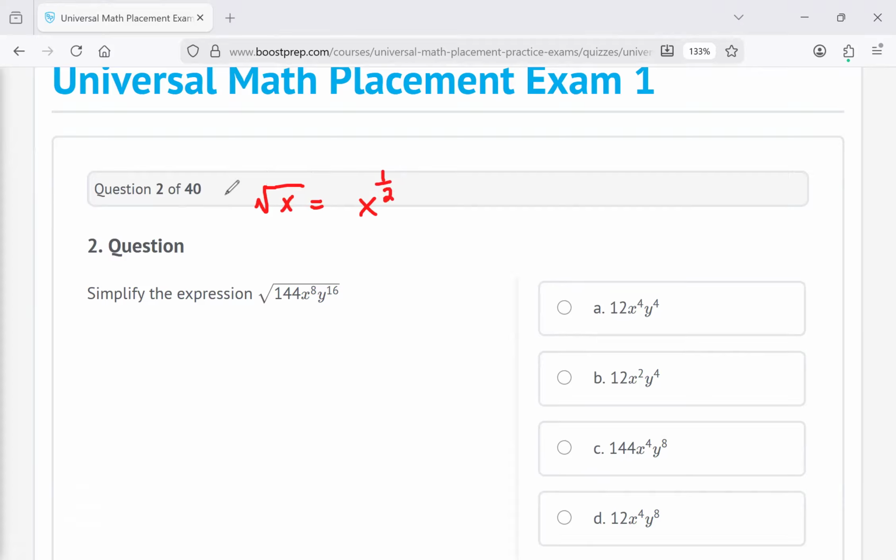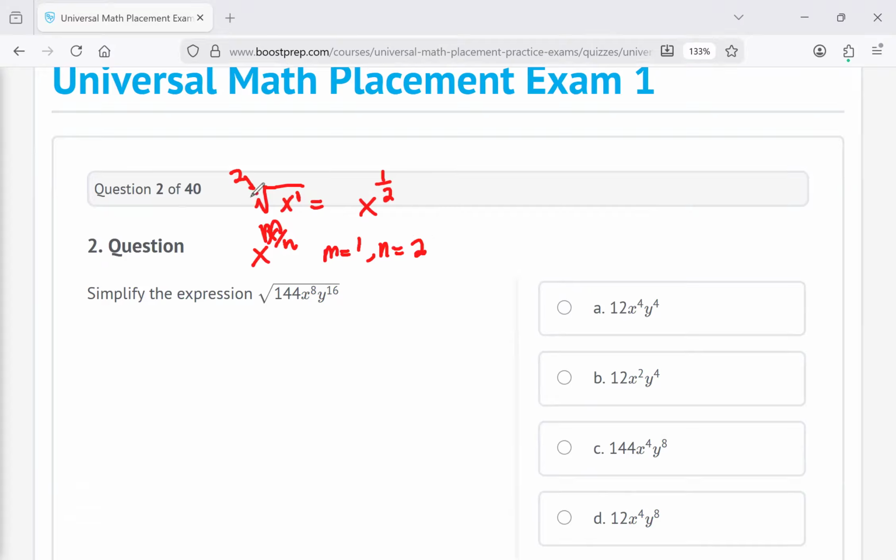How do I know? Because it's really using the rule x to the m over n. You have to look at the number here. If they don't have a number, it's automatically a 2, and then this has a power of 1. So my m is 1 and my n is 2.